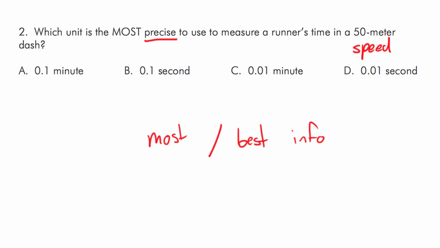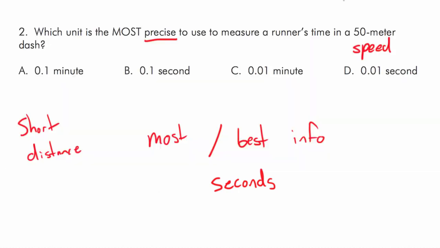So we're going to be talking about minutes there. So I think I'm narrowing my answer choices down already because I'm talking about seconds. When it gets down to the Olympics, you care about seconds for really long races, but for most people, they talk about how many minutes they ran a race in. But this 50-meter dash is different. That is a short distance.